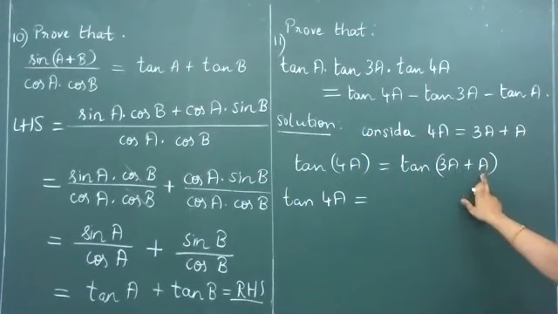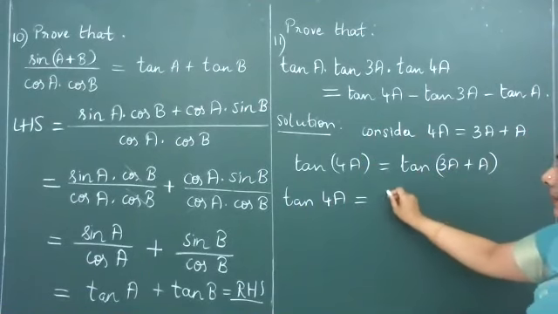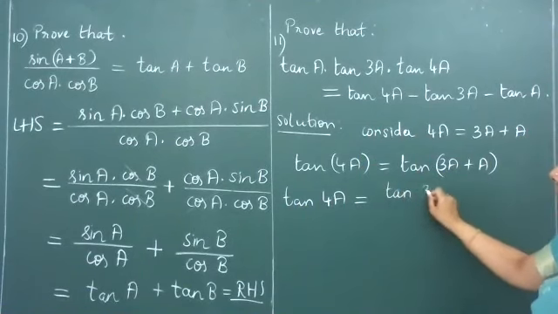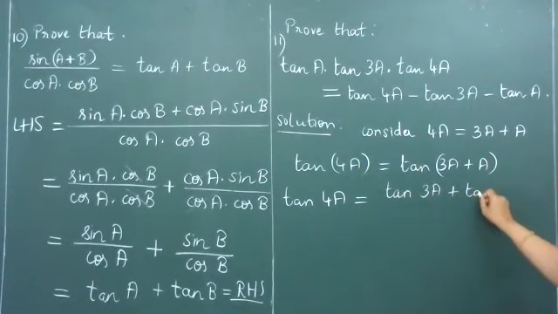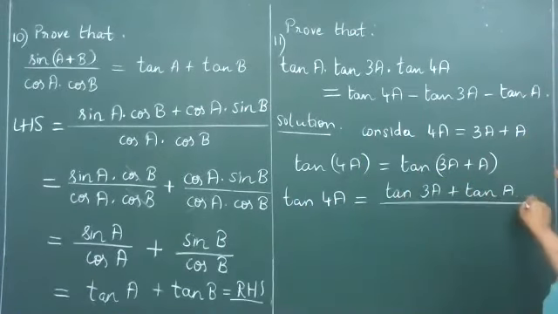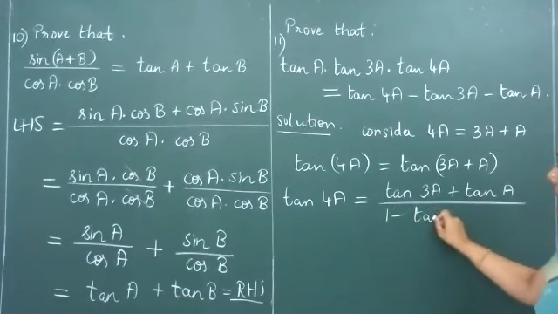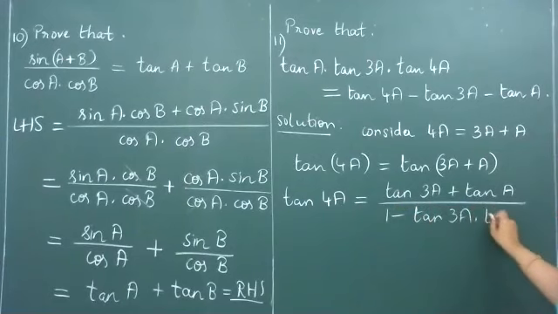And recall the compound angle formula for tan(a + b), which comes as tan a plus tan b divided by 1 minus tan a into tan b.